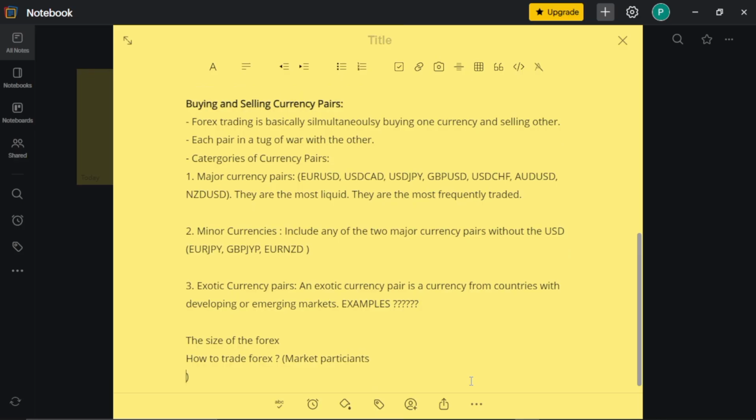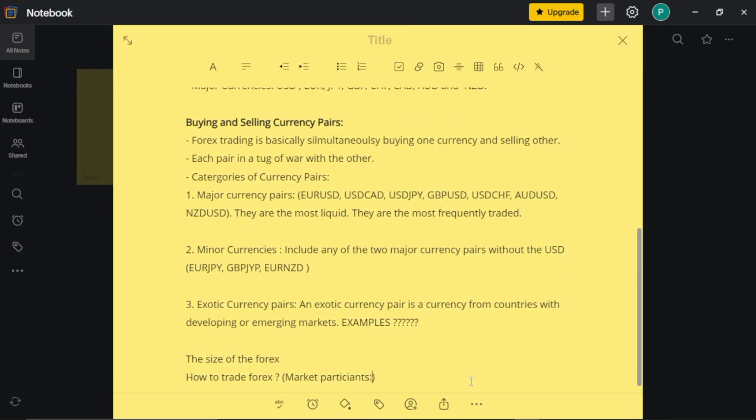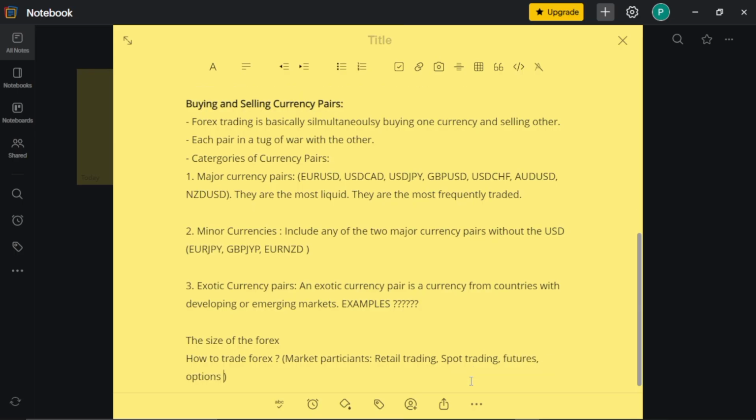Retail traders, retail trading, spot trading, futures, options, and etc. Okay, so we'll basically be discussing the definition and the significance of all of this.